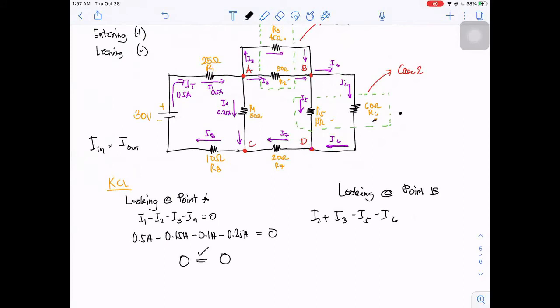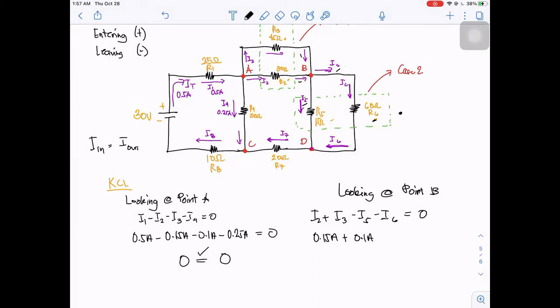So we have this one, I6, I5 going downward, and yes, we have I3 also that is entering at point B. Is equivalent to 0. So we have I2 which is equivalent to 0.15 ampere plus I3 which is equivalent to 0.1 ampere.